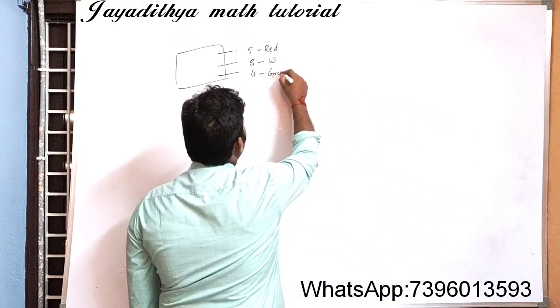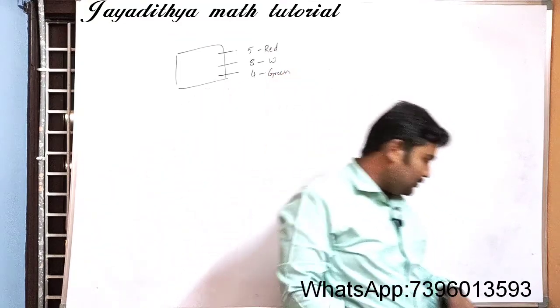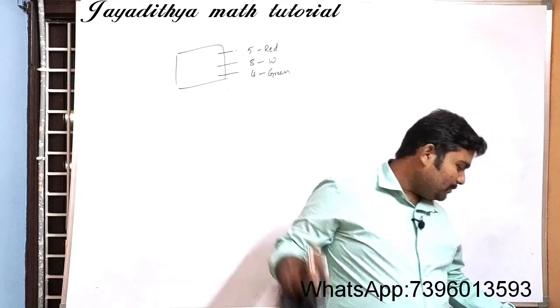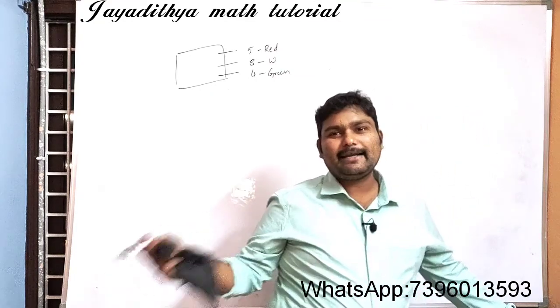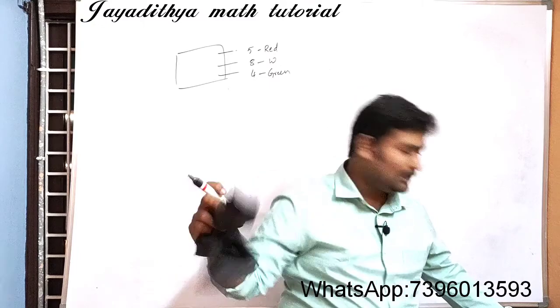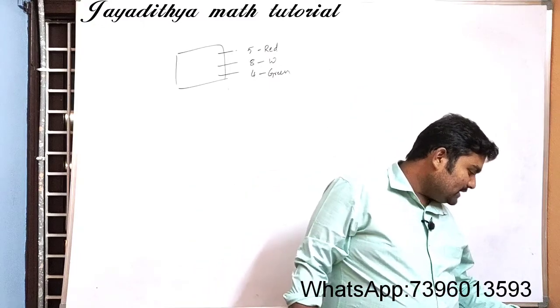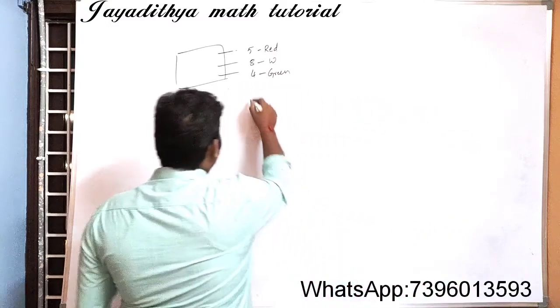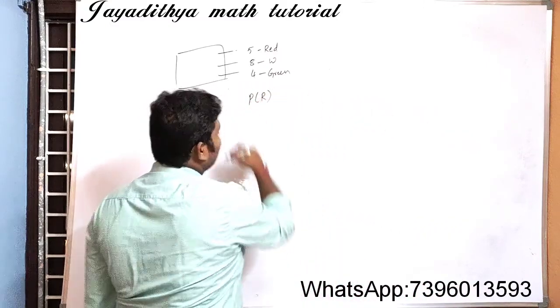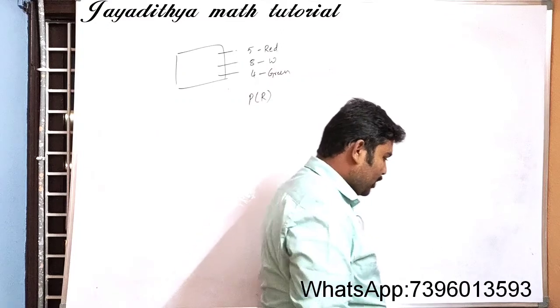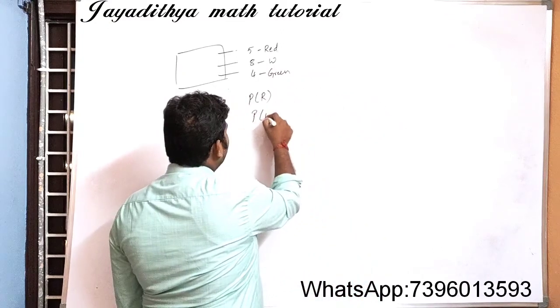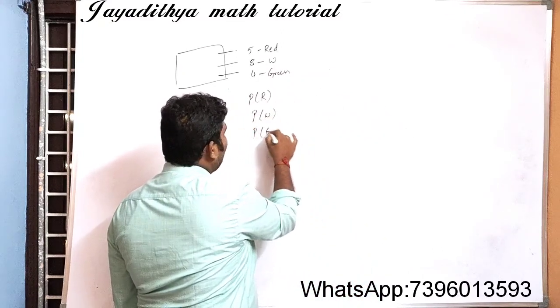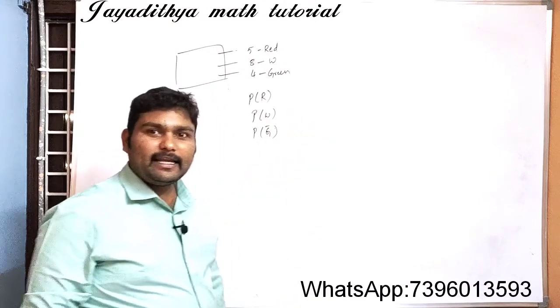One marble is taken out from the box at random, that means without looking. What is the probability that the marble taken out is red, white, and not green?